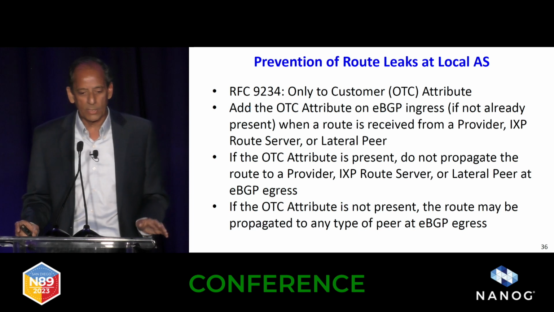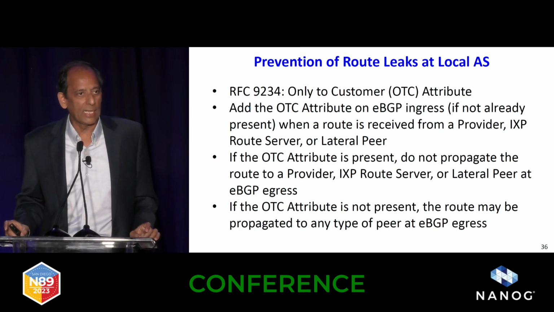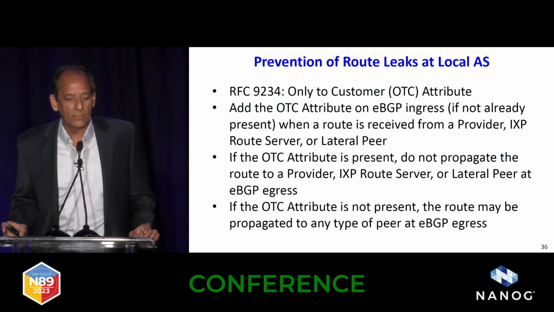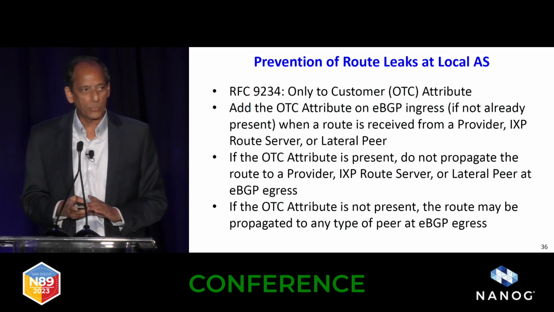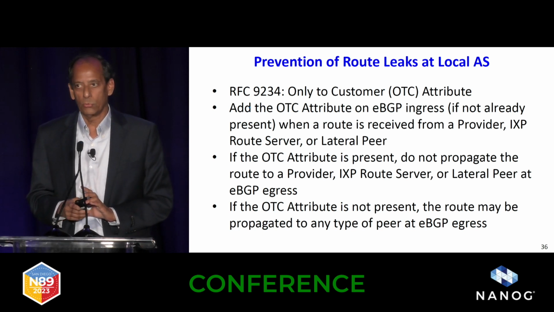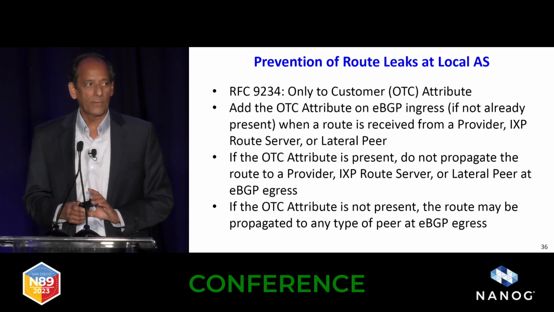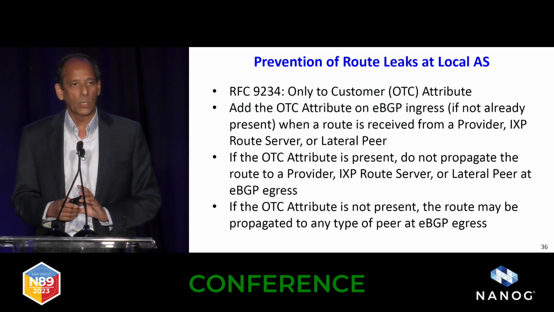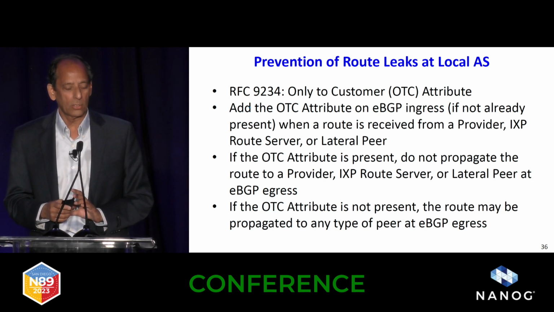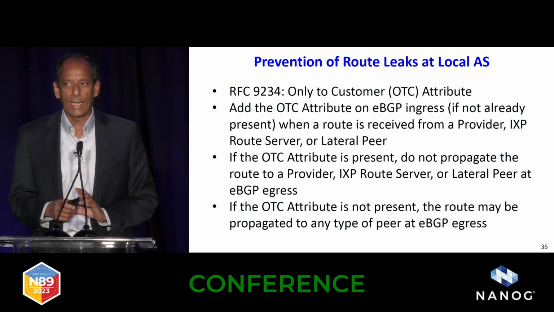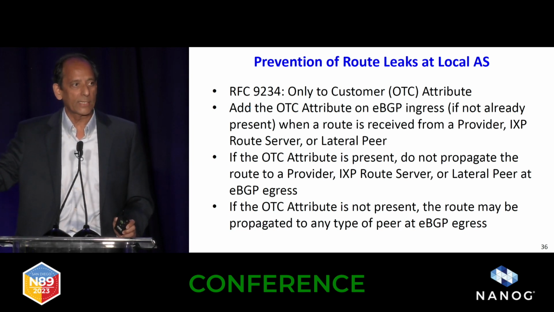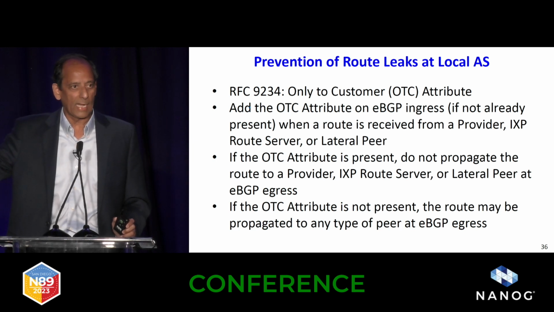So now we turn our attention to what is still left to do. One thing we realize is that ASPA is not able to do a detection of a local route leak. If an AS receives a route from a provider or a lateral peer, how would it make sure that it itself doesn't send it on the egress side to another provider or lateral peer?